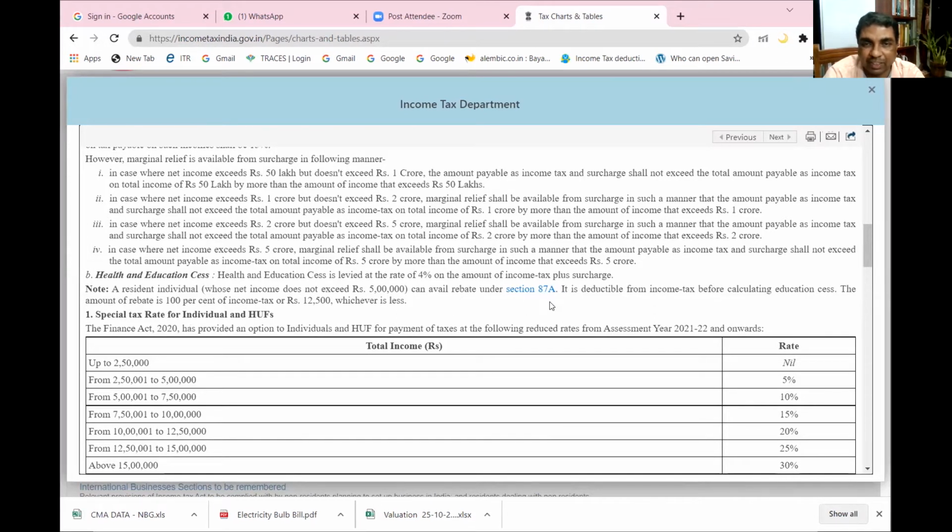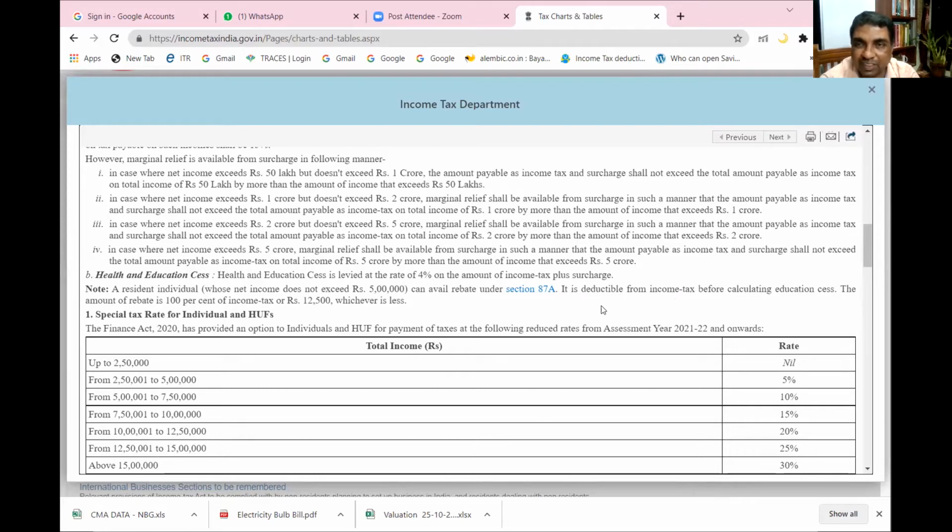They can get a rebate under section 87A. This section says that if the total income doesn't exceed 5 lakh rupees, 100% of the income tax or rupees 12,500, whichever is less, will be allowed as a rebate.